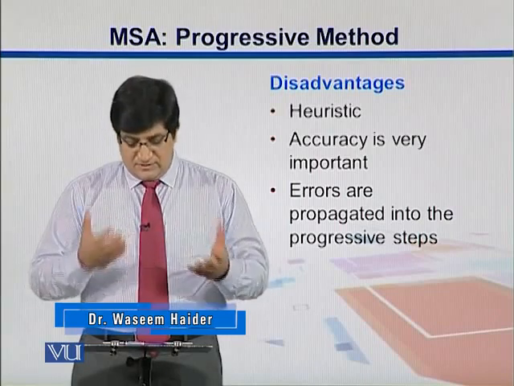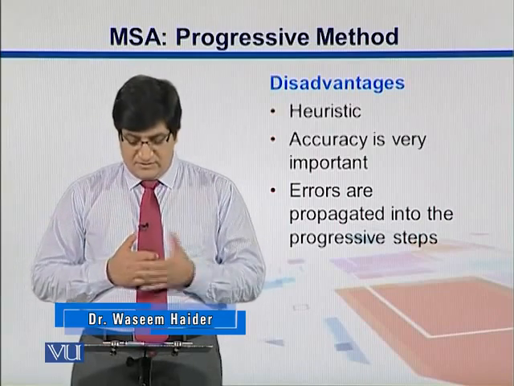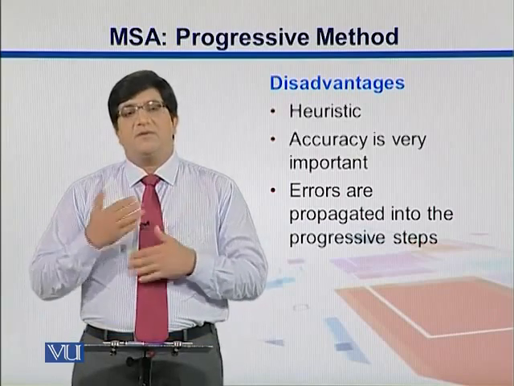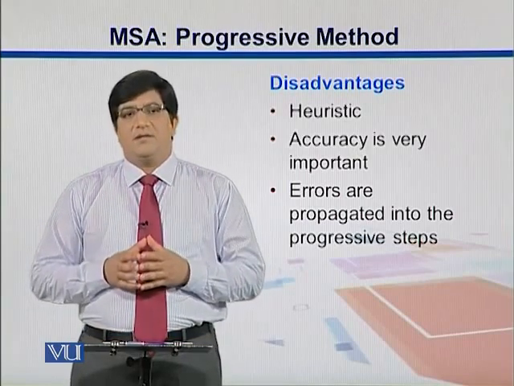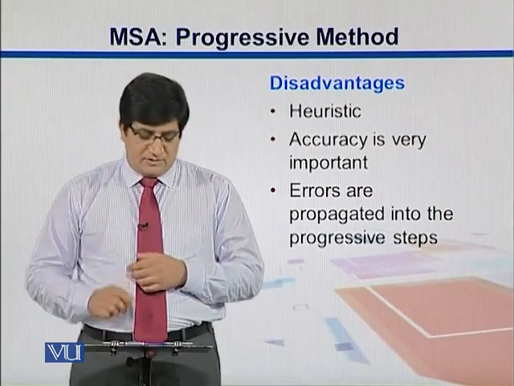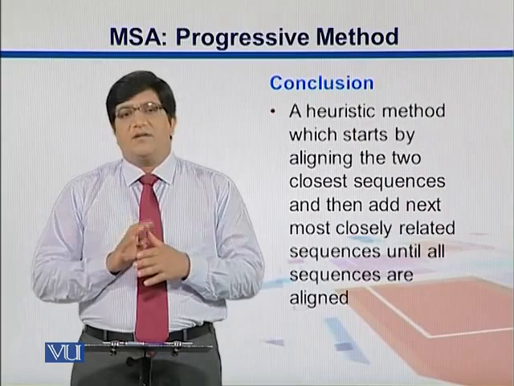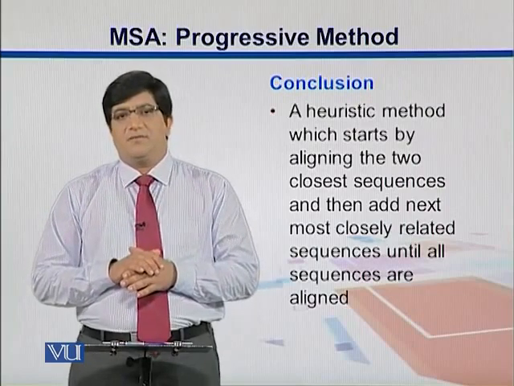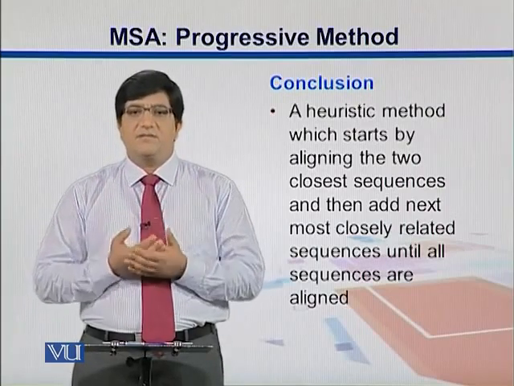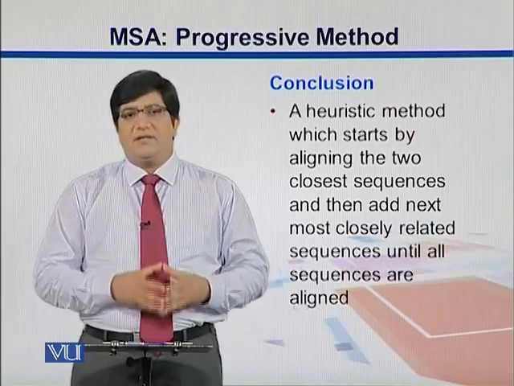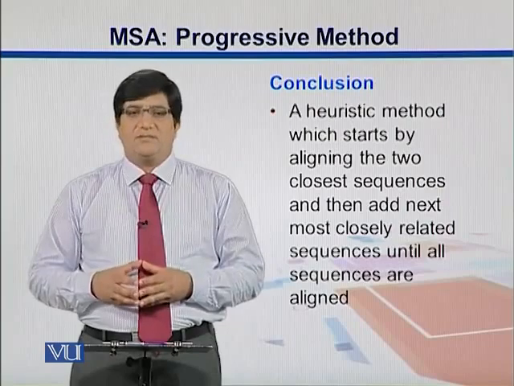So accuracy is sometimes a concern if you are using these methods. Sometimes there might be errors incorporated by the different steps you follow in this algorithm. Overall, progressive alignment is a heuristic method. We progressively align the sequences together, come up with a tree, and use that tree as a guide to do the multiple sequence alignments.